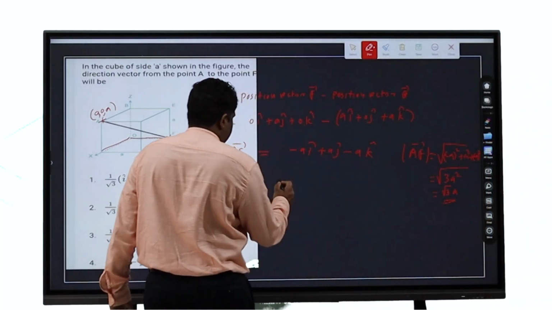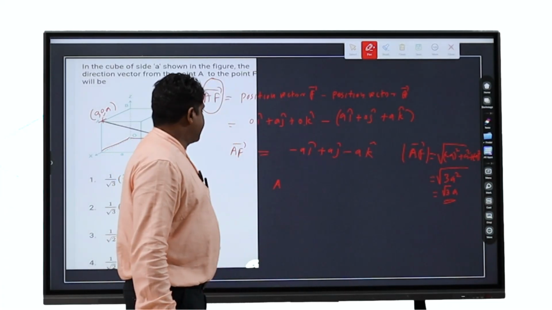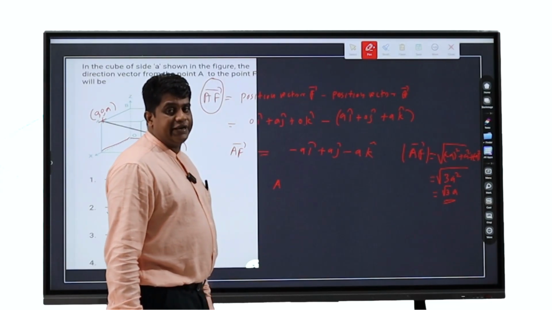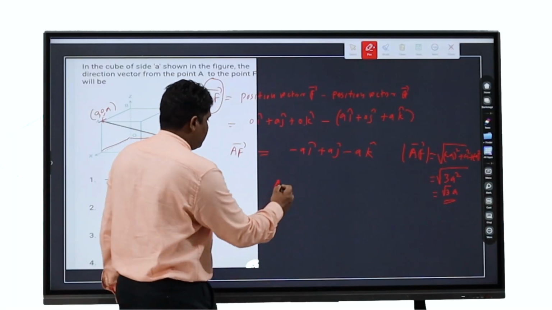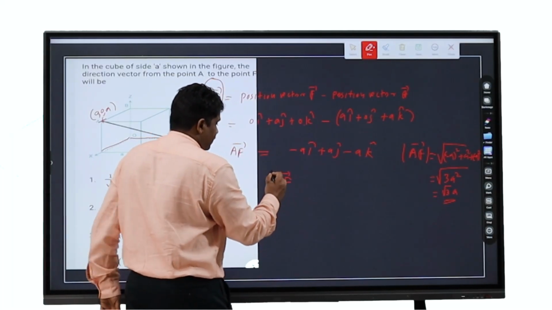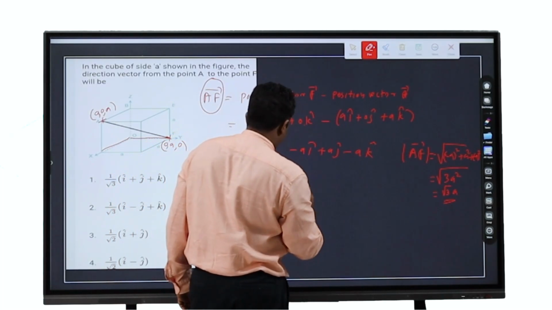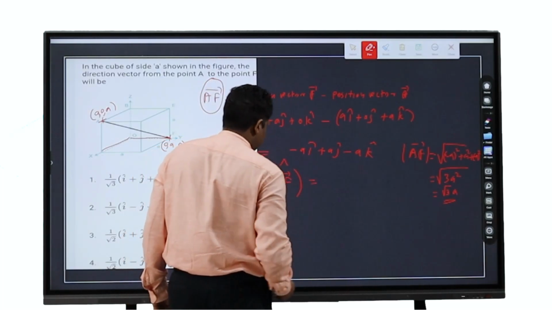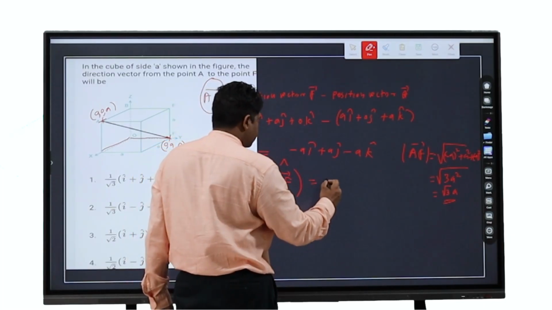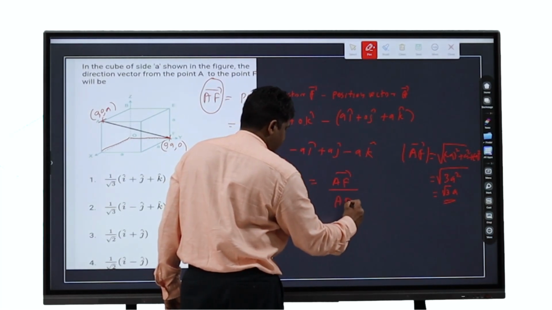Then we have to find the direction vector. Direction vector means the unit vector along the direction of the given vector, which is AF. AF cap is equal to the AF vector divided by the magnitude of the AF vector.